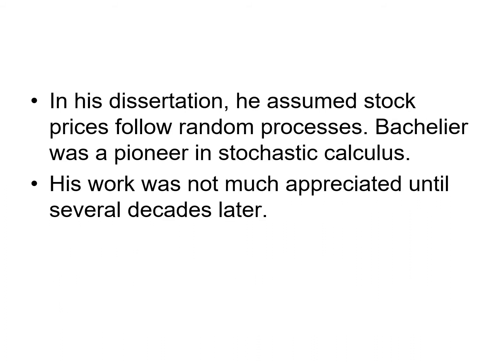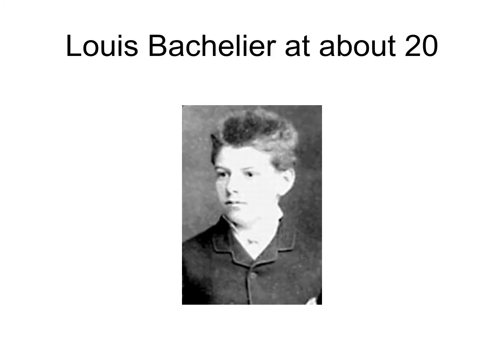In his dissertation, he assumed stock prices follow random processes. Bachelier was a pioneer in stochastic calculus. His work was not much appreciated until several decades later. This is a picture of Louis Bachelier when he was about 20 years old.